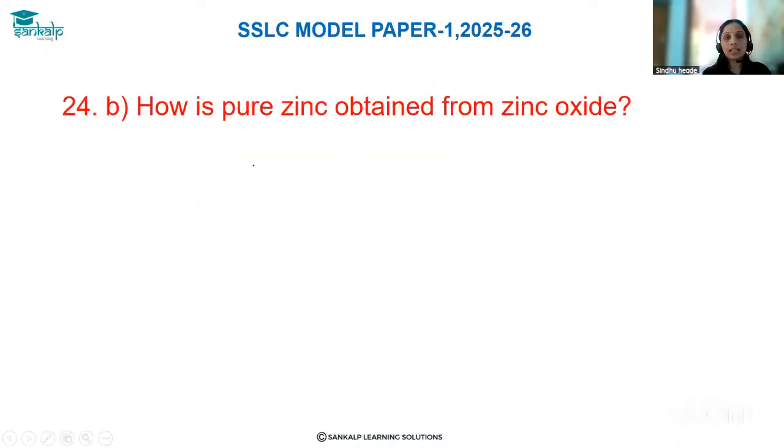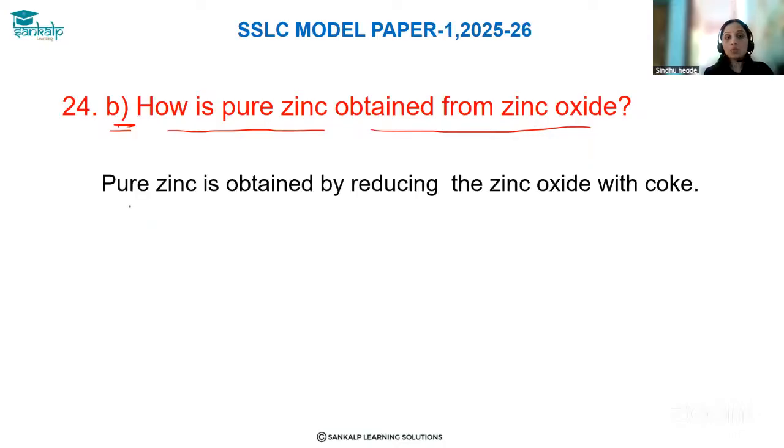Let us see 24 B. How is pure zinc obtained from zinc oxide? Pure zinc is obtained by reducing the zinc oxide with coke. This is the answer. Pure zinc is obtained by the reduction process.